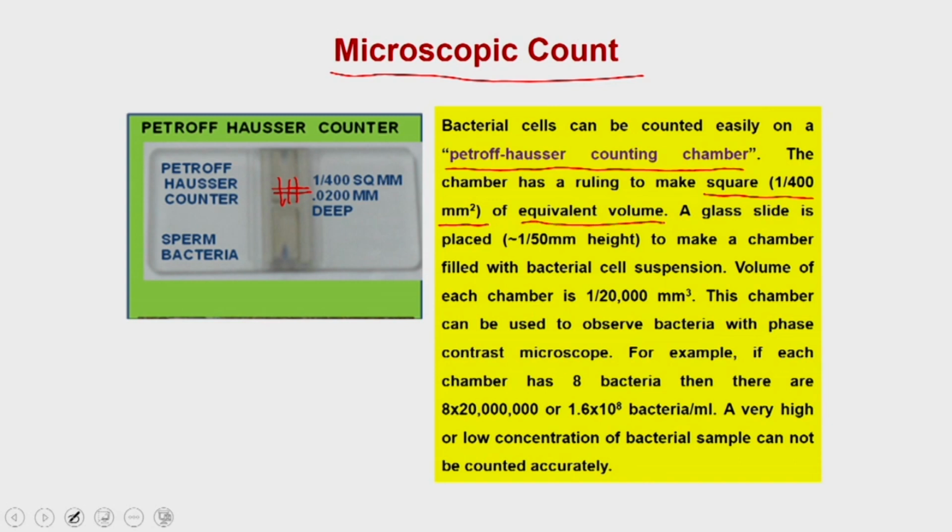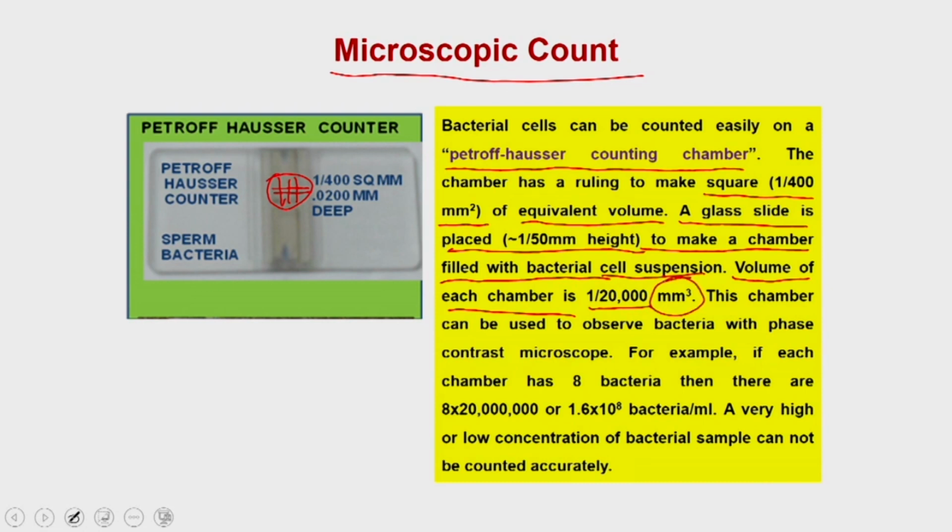You put the bacteria in this chamber, and on top of that you put a glass slide, so that they are evenly distributed, and the bacterial suspension fills the chamber. And as you can see, the volume of this chamber is approximately 1/20,000 millimeter cube.